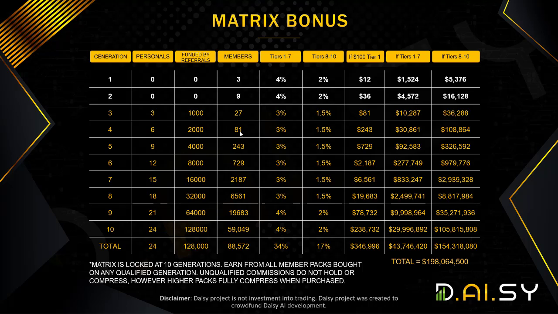Now what happens with the matrices is that you might get somebody. Let's say you bring in somebody, and then they bring in somebody else, and that person that they bring in, maybe he's a very strong network marketer, so he'll start to bring in more and more people, but they will fall in lower on lower generations for you.